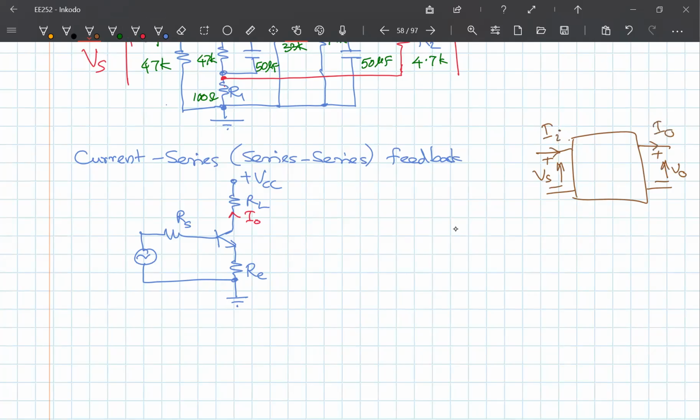That is the reason I am putting I out like that, but I out may actually be negative in this case. I'm going to put it like that with this convention: output current going out from the circuit. So this is my I out, that is the output, and this is my input.